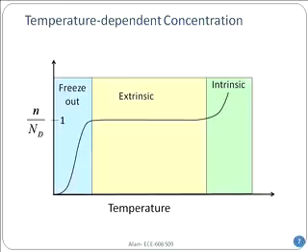Most of the time, when I design a computer or an IC, I want to make sure that my devices really work in the extrinsic region, the yellow region, not in the green or the blue part. Although you have a lot of dopants in the beginning, the temperature can get very high, say 600 or 700 Kelvin.